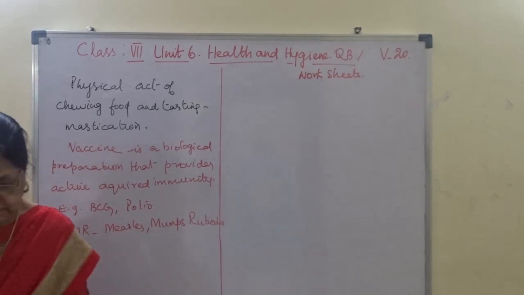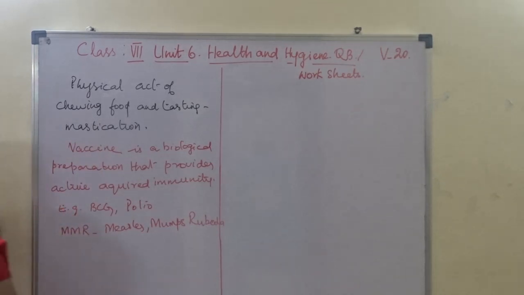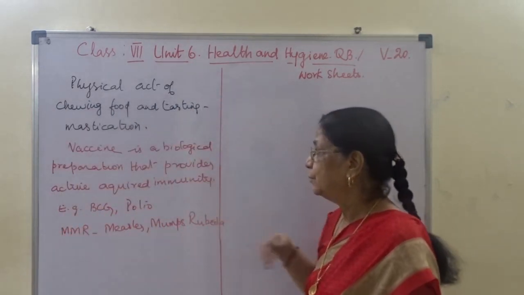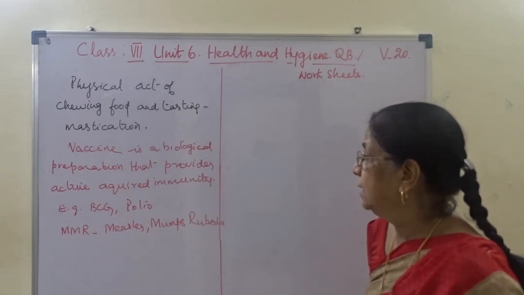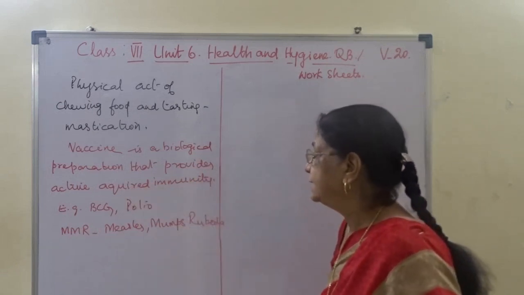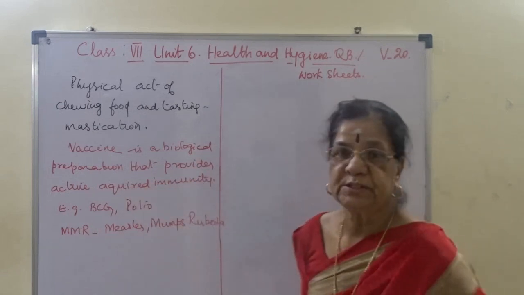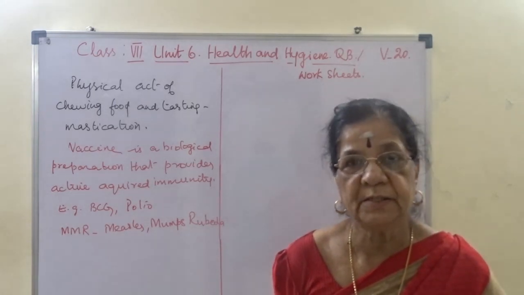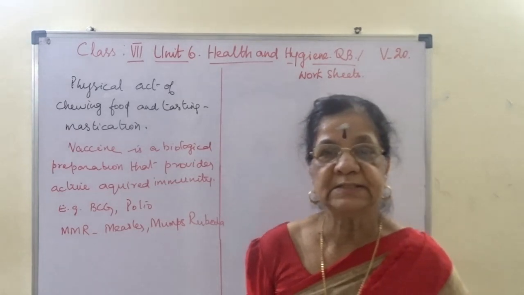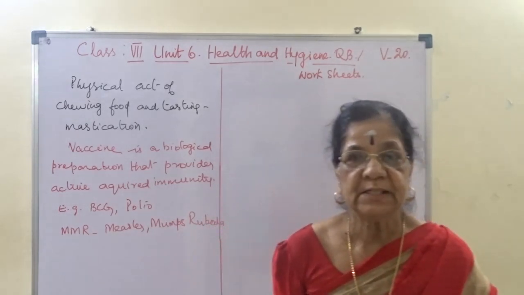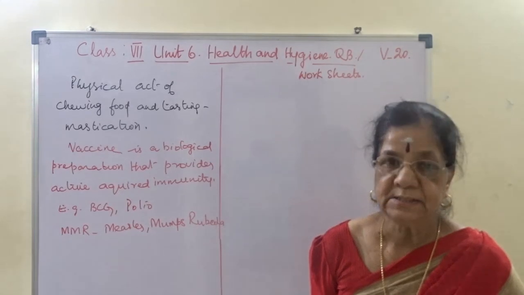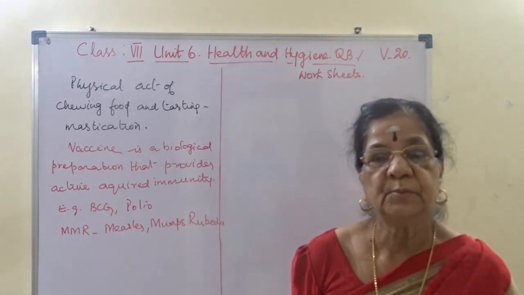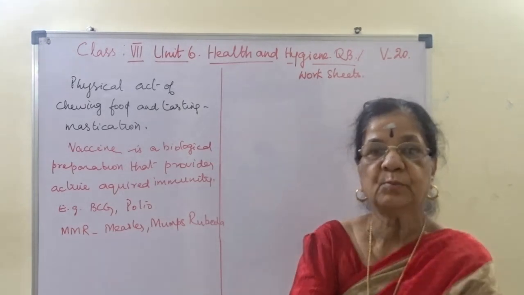I hope you can understand this. What is a vaccine? Vaccine is a biological preparation that provides active acquired immunity. Immunity na நோய் எதிர்ப்பு சக்தி சொல்லுங்க, அது immunity. Our body has immune system which can fight against the diseases or any foreign particles that enter our body.